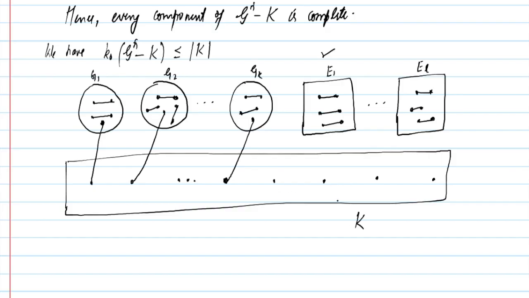Now looking into this part K, in this part every vertex has a degree equal to n minus 1. So that means all these vertices are connected with all the remaining vertices of the graph. So if we take any collection of vertices of K, they will also induce a complete subgraph of the whole graph G star.